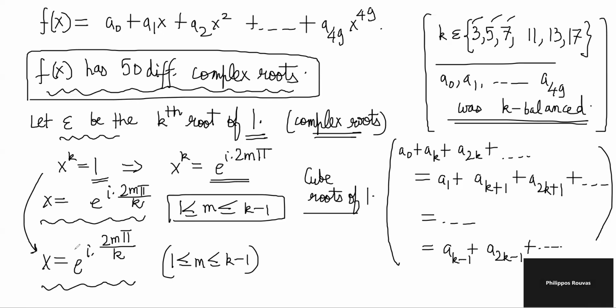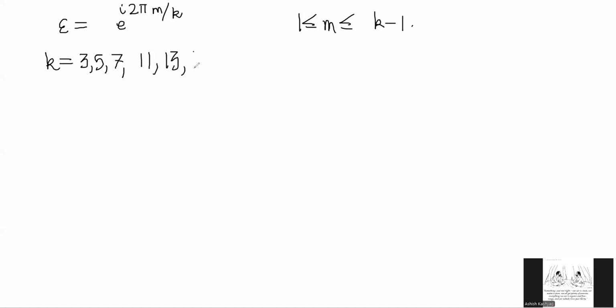Yes. So what I'm saying here is, let's say this epsilon is the kth root of 1, right? Then epsilon can be written as e power 2 pi i m by k, where 1 is less than m is less than k minus 1. And here k could be anything from 3, 5, 7, 11, 13, and 17. Right?